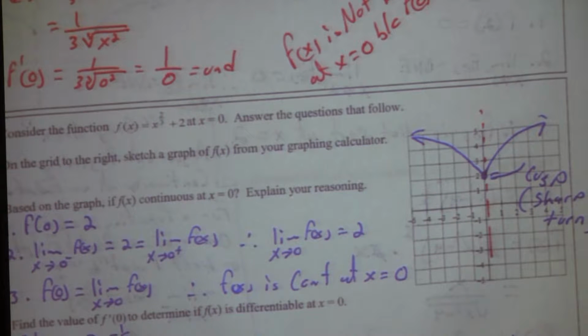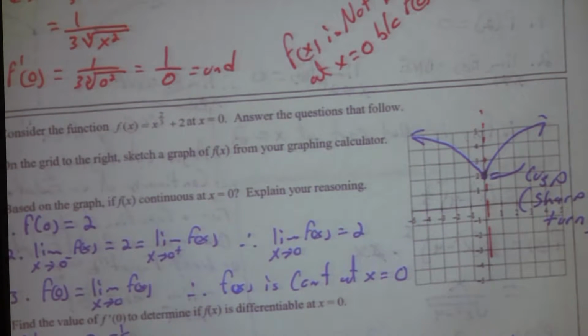Yes? It would be differentiable there? No. No? Why not? Because you can see that there's a point at the same line. I don't know. Is it continuous? No. It's not differentiable. I don't know, that's what I'm asking. It isn't. It is? Or it isn't? It's not. Wow. You don't think so?